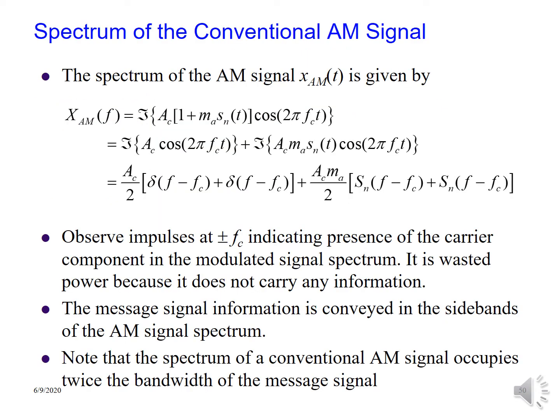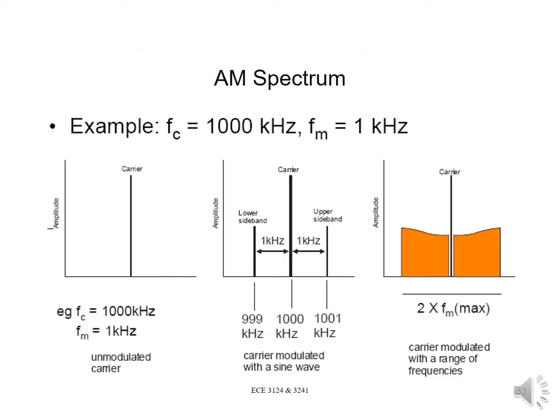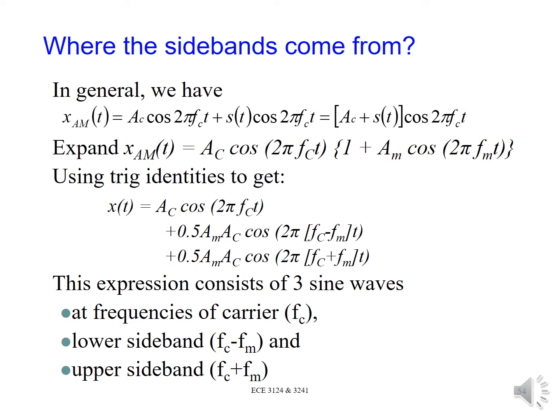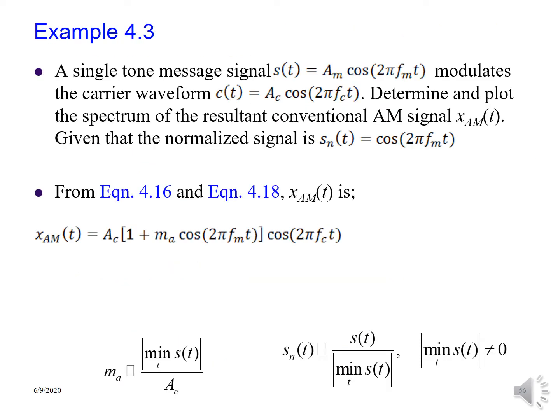We also learned how to get the spectrum of the conventional AM. The total bandwidth is also 2 times the message bandwidth. We also see this example using the signal AM cos 2 pi FMT and the carrier is also cos.